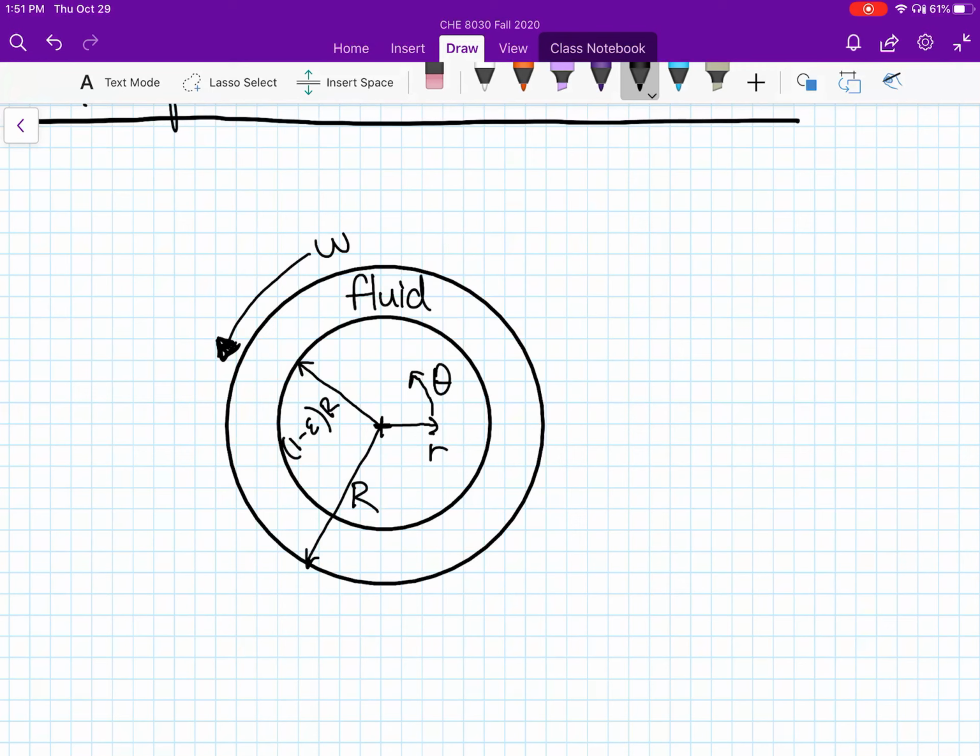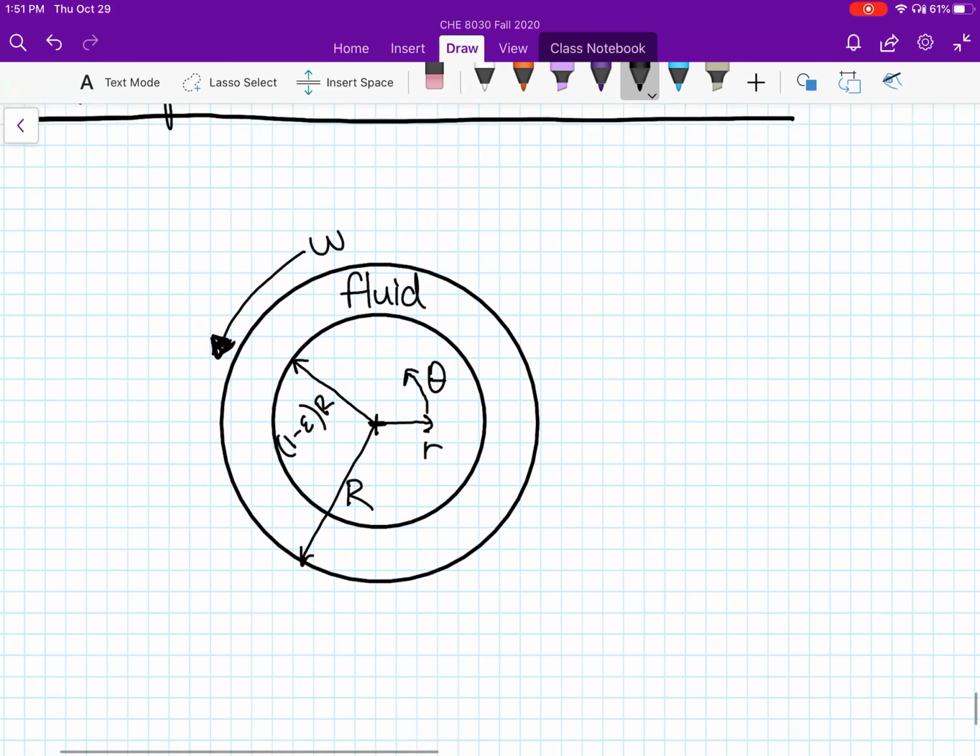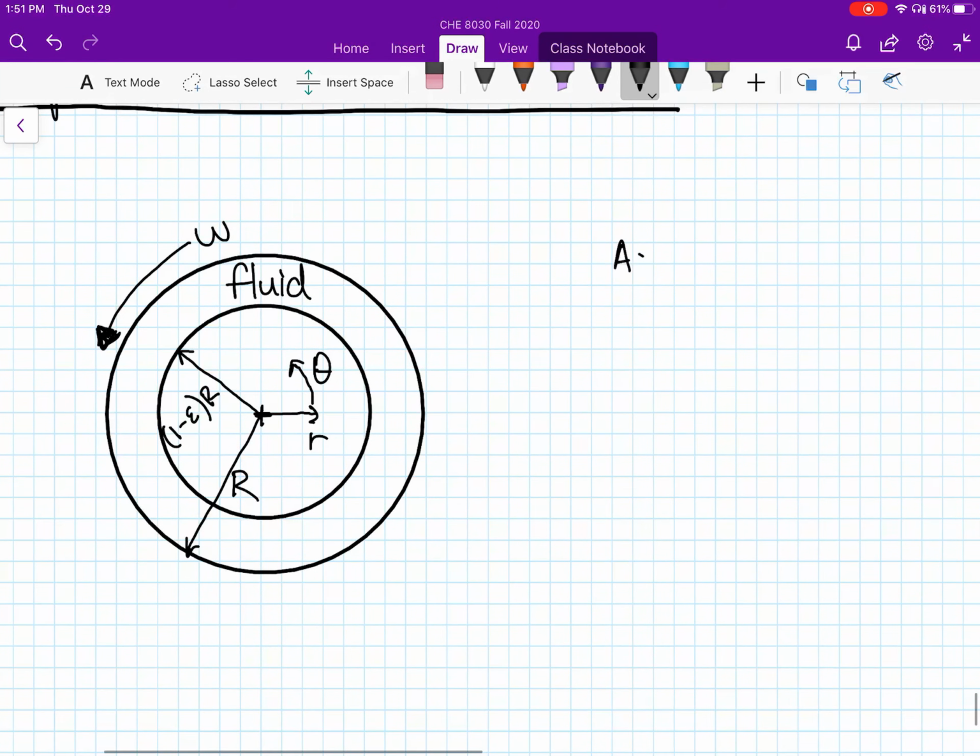So this is a scenario, and like most fluid flow problems, our goal here is to derive the velocity profile of the fluid inside that annulus. We're going to make some assumptions. Assume incompressible, Newtonian. We're going to assume 1D flow.